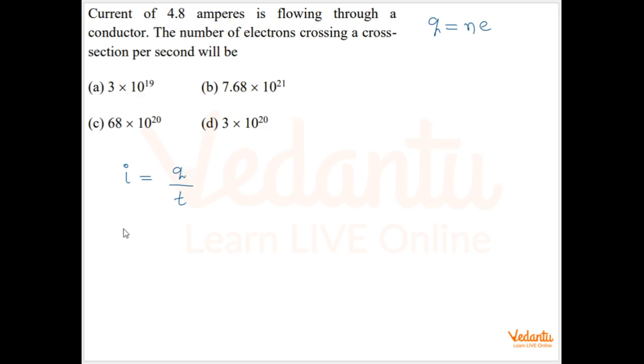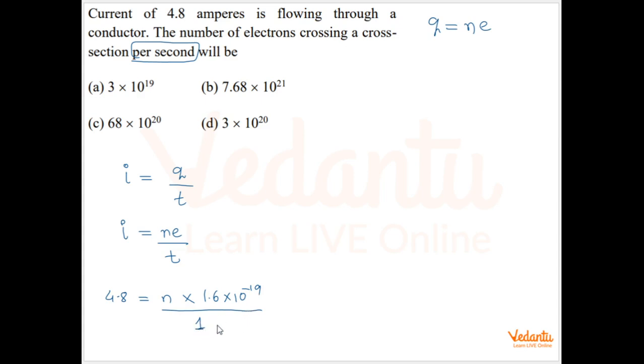So from that beta, I can just write I is equal to ne by t. If I substitute the values, my dear bachcho, in this question the current is given as 4.8, number of electrons I'll just write as n, charge of an electron beta is 1.6 into 10 power minus 19, and they are asking us the number of electrons crossing per second, so I will take time as 1 second.